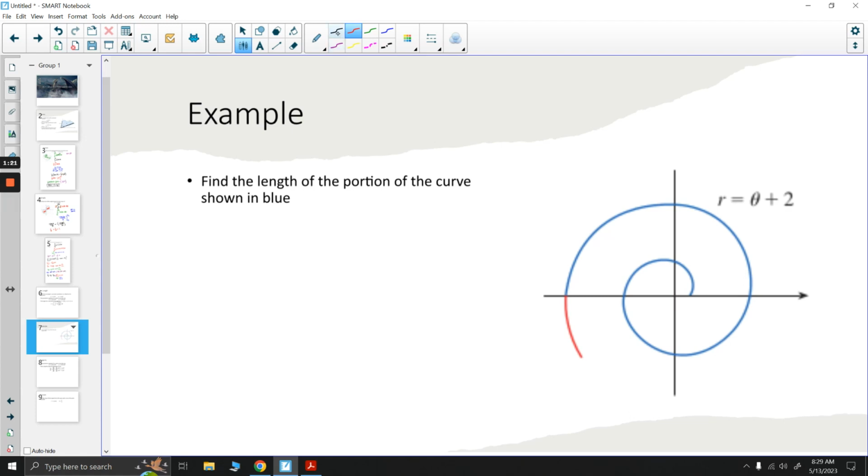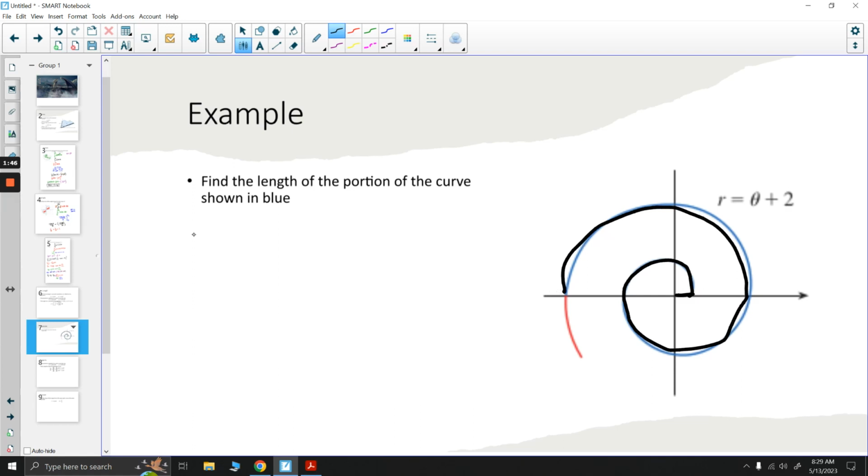Okay, so first of all, this is our curve r equals theta plus 2, and we need to think about where we're integrating this along. So if we think about this, we start here. Our angle here would be 0. Pi halves, pi, 3 pi halves, 2 pi, 5 pi halves, 3 pi.